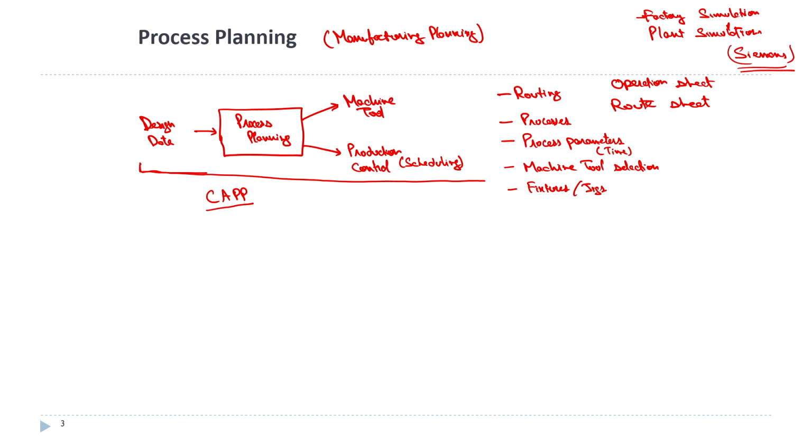So, majorly in computer aided process planning, the factors that affect the process plan selections are the shape of the component or the product that you are trying to produce. Then we have the tolerances.